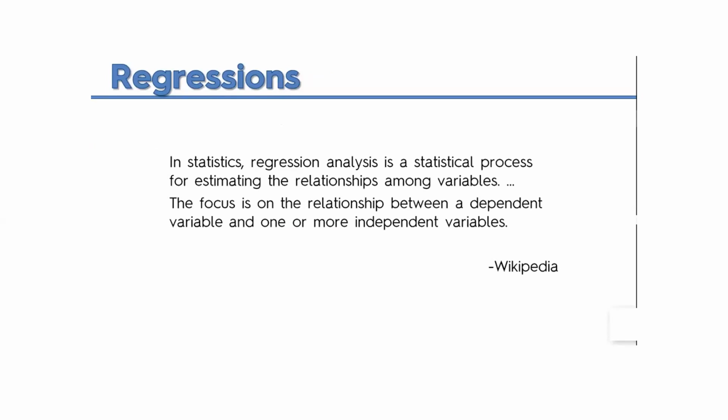I will try to give you a high-level view without bogging you down in technical or mathematical details, so just bear with me for a few minutes. The formal definition: it is a statistical process for estimating the relationships among variables. The focus is on the relationship between a dependent variable and one or more independent variables. There are a few terms coming up which we need to simplify and understand.